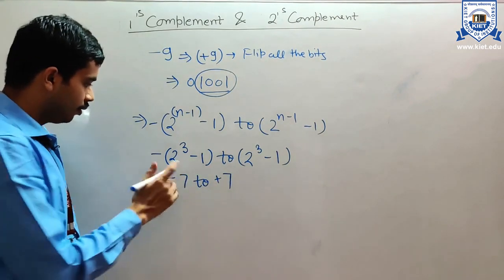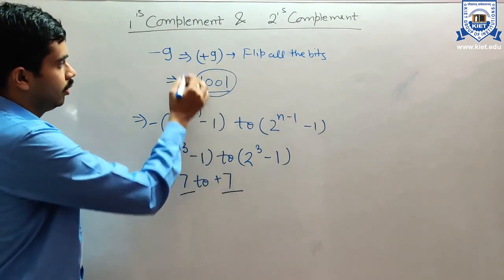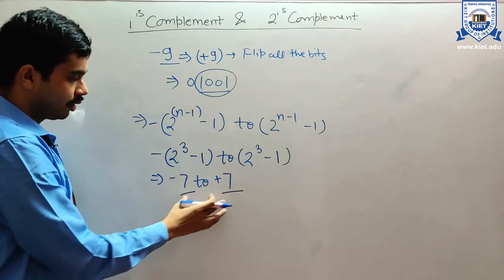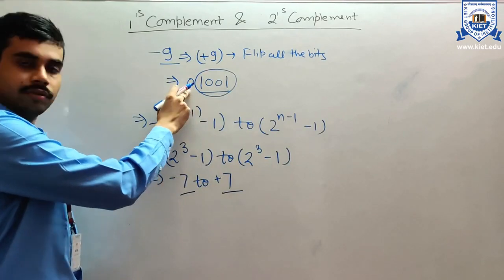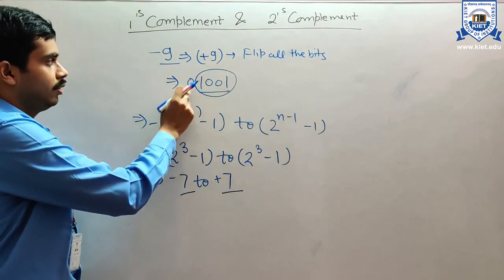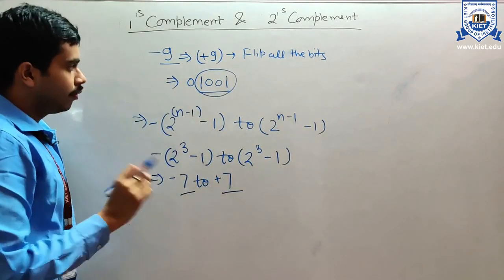Now we can see 9 does not come within this range, so we have to take at least one sign bit to represent it in 1's complement.